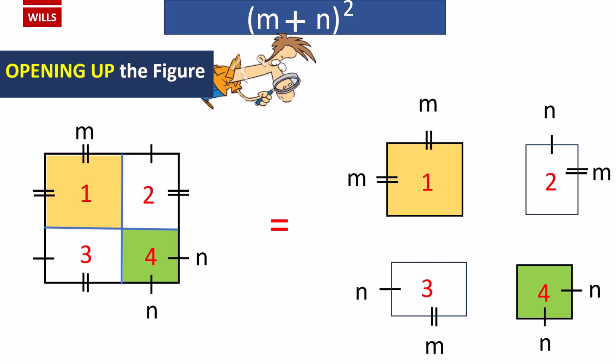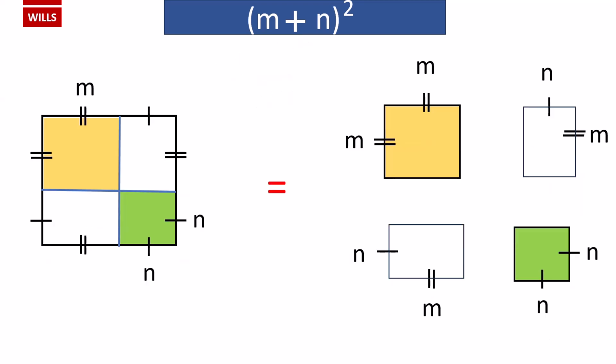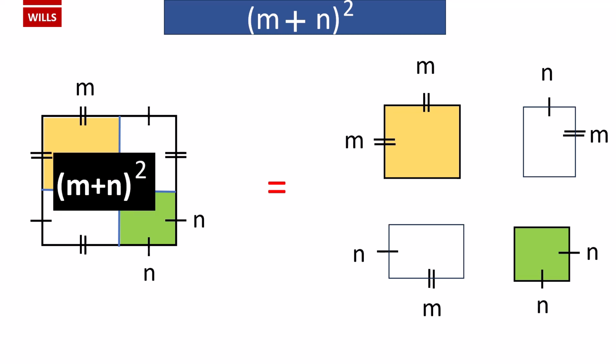And so when we find the area of each of the single small shapes, when we put them together, the area should be the same as finding the area of the bigger shape, because it is the same bigger shape that has been split into 4 sub-shapes. So the area of the bigger shape is still m plus n all squared. Now let's find the area of each of the single shapes that come together to form the bigger shape.